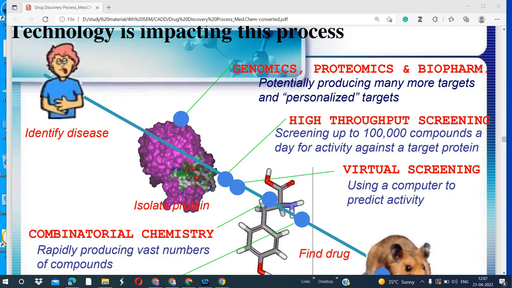We separate the proteins, then we identify the proteins using different methods of chromatography like high performance liquid chromatography. Then these methods are combined with mass spectrometric analysis.